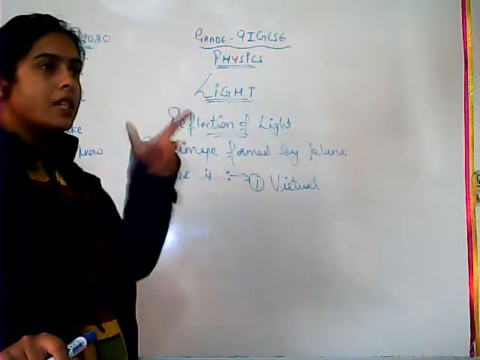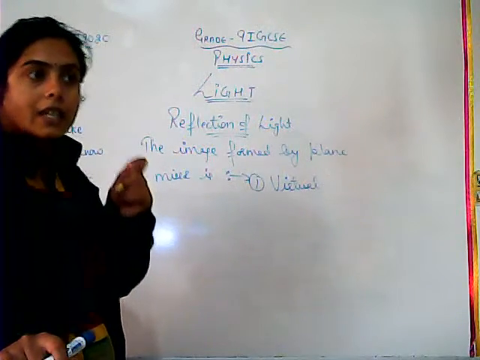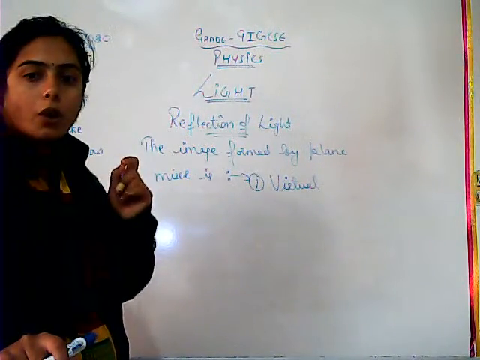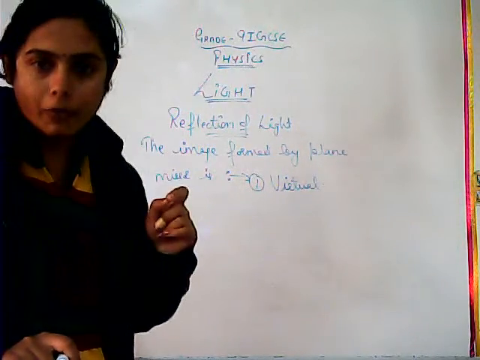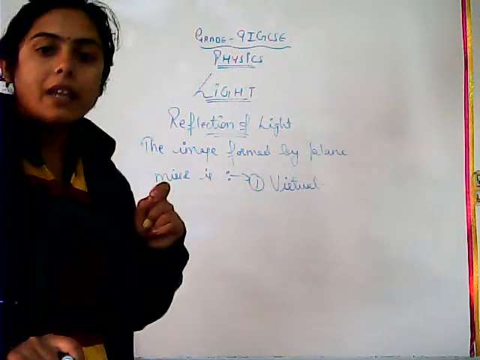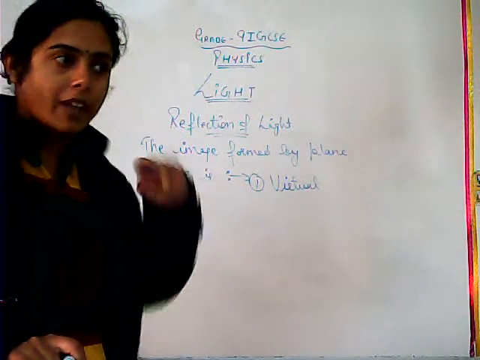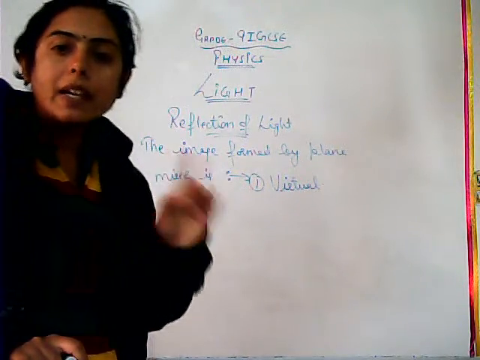Don't just note this point as "it is not real so it is virtual." Just understand this: a real image is formed if the reflected rays actually meet somewhere. If they actually meet, then whatever image you get, whether it is erect or inverted, you will get it real.